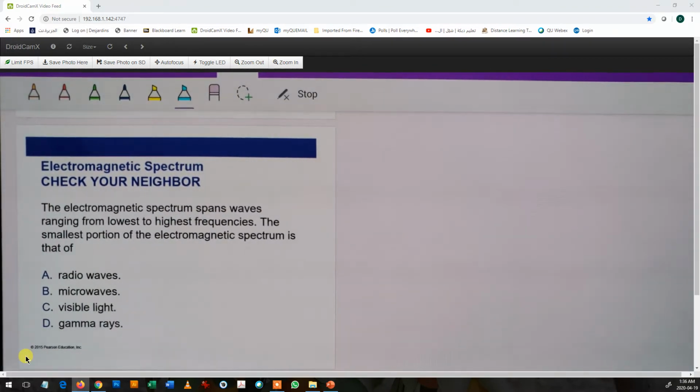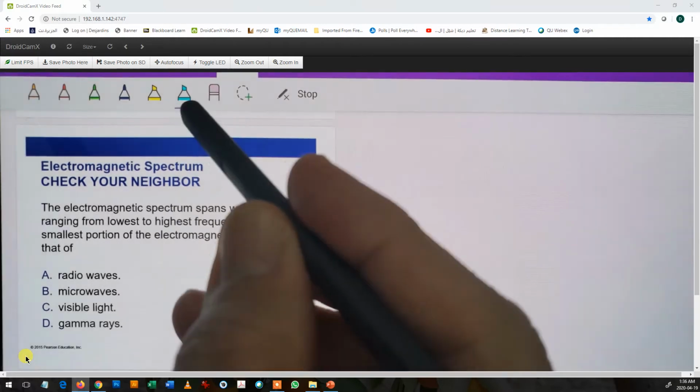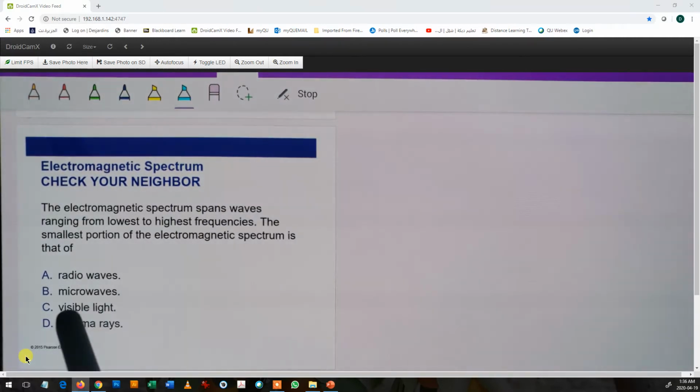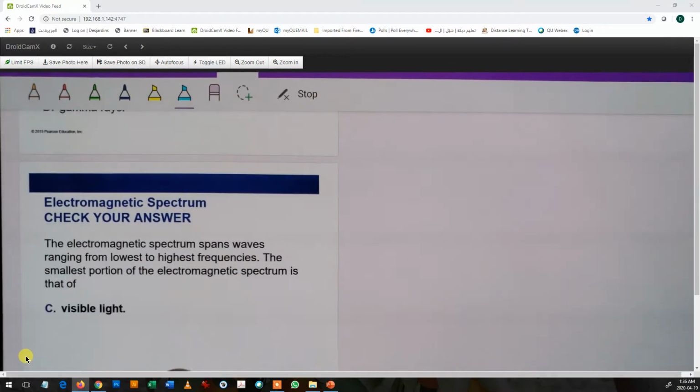The electromagnetic spectrum spans waves ranging from lowest to highest frequencies. The smallest portion of the electromagnetic spectrum is the one with the visible light, as we said. Very small. We can see a very small region in the electromagnetic wave.